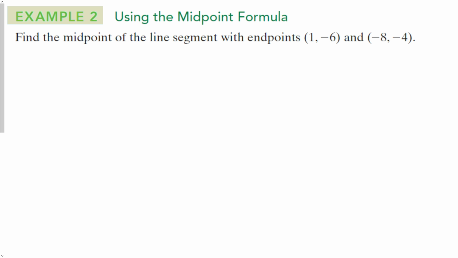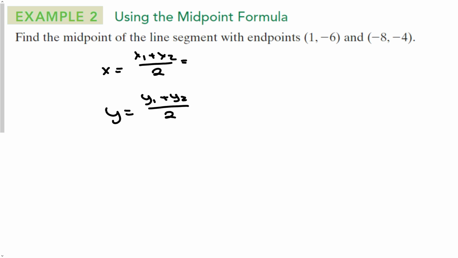So let's find the midpoint of the line segment with endpoints 1, -6 and -8, 4. So my midpoint, let's break it down. My x coordinate of my midpoint is going to be x1 plus x2 over 2. The y coordinate of my midpoint is going to be y1 plus y2 over 2.